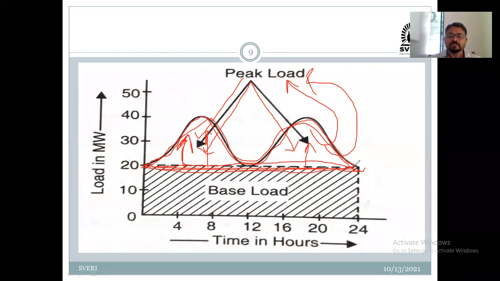You can call it nothing but the base load. But whatever load is present over this particular base load, over and above this base load, you can call it nothing but the peak load.